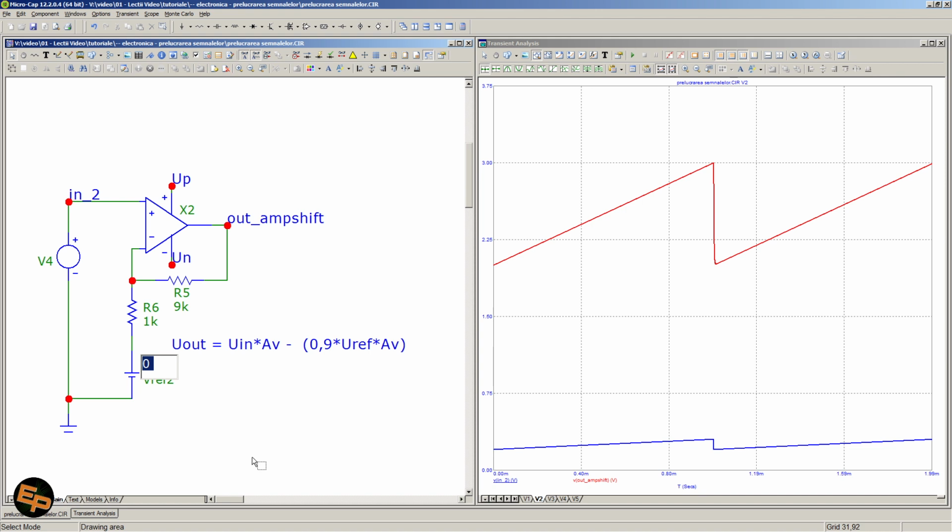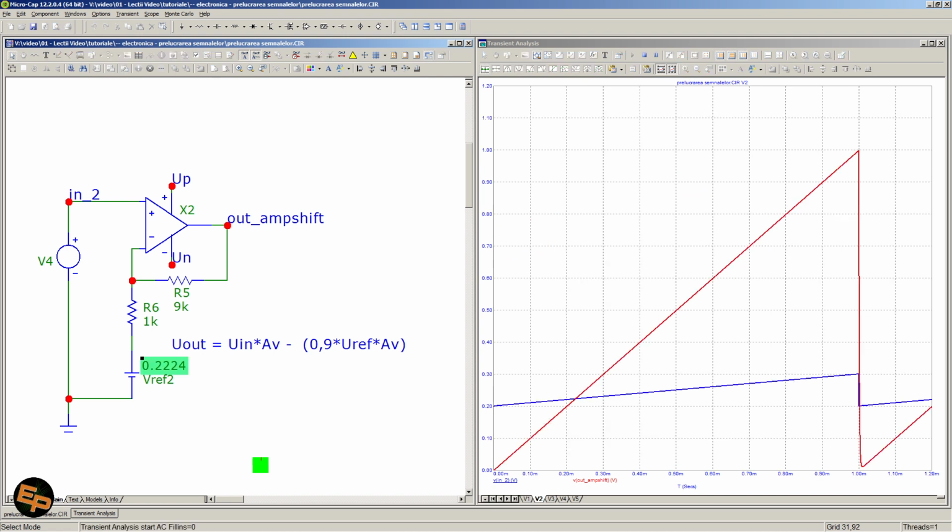So in this particular case, if we want the output voltage to drop down to 0, we would need to have a reference voltage of roughly 0.222 something volts. Then on the output, with red, we see that we would have exactly the input signal but amplified, going from 0 to 1 volts, and also dragged down to start from 0 volts.